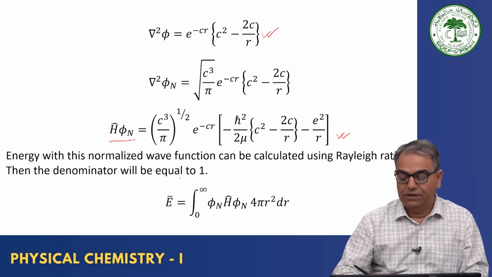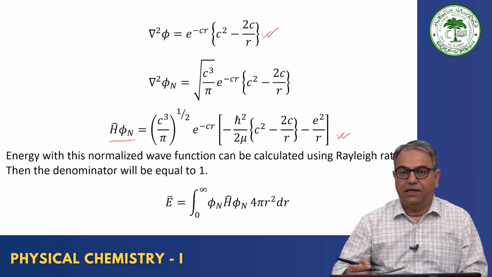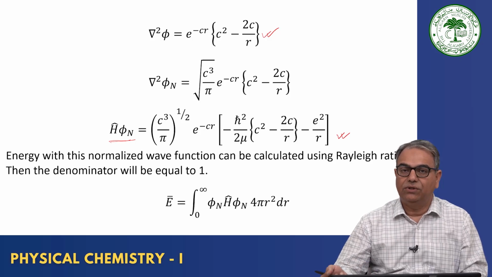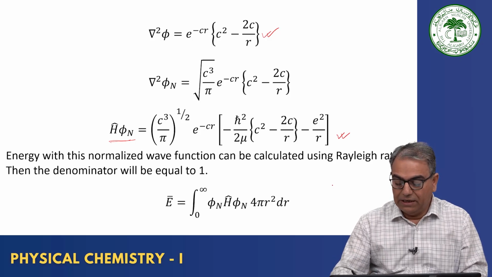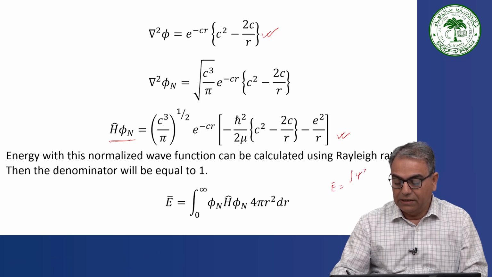So I said to you that in the Rayleigh ratio you have psi star psi d tau, which is equal to 1 if you use the normalized wave functions. So normally, what you write for energy is psi star H psi d tau from 0 to infinity.